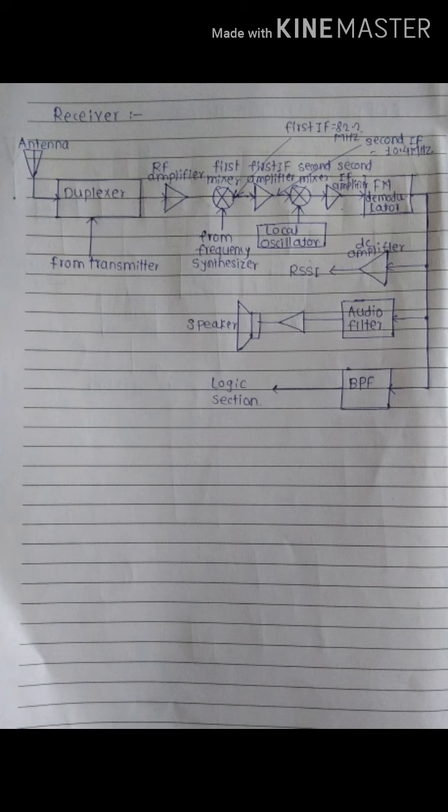With the help of the audio filter, which receives the FM demodulator output, it produces the voice signal. Next, the bandpass filter filters the data, and it is given to the logic section. This is the function of the receiver.